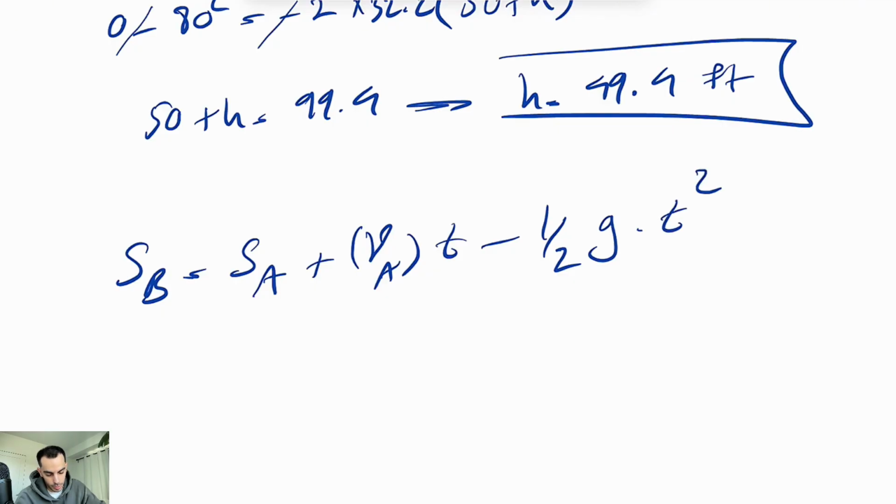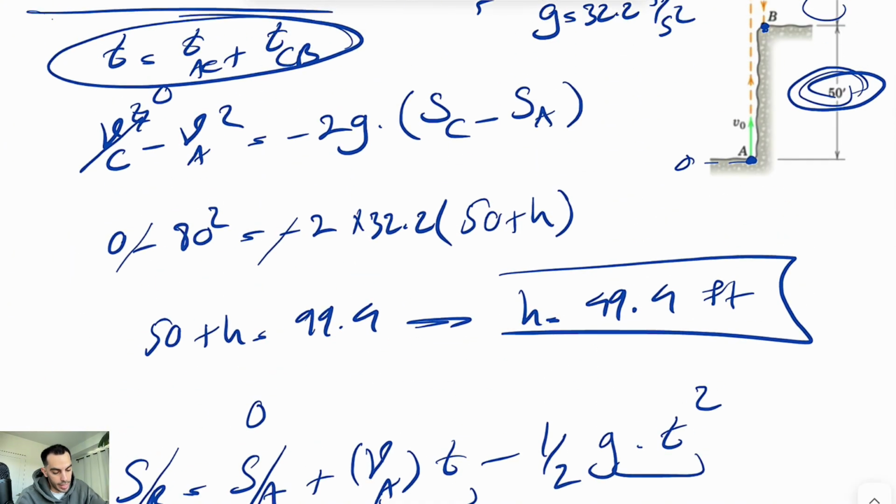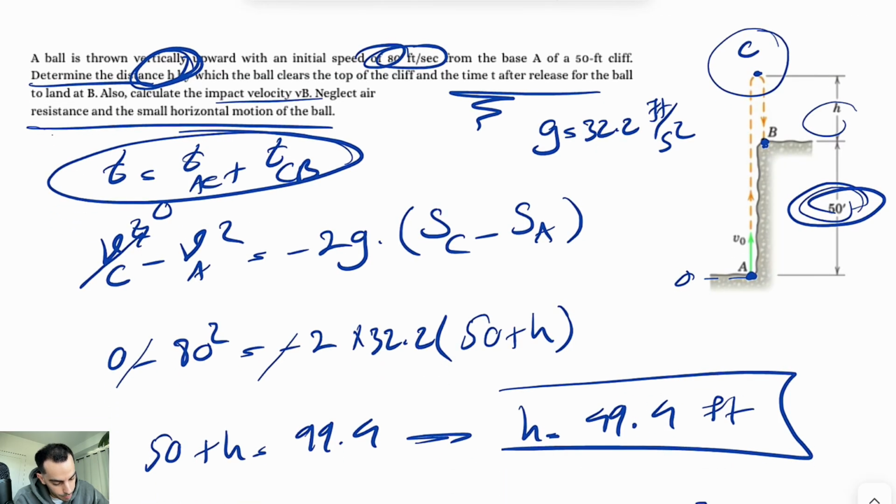We're going to call our SB 50, and this will be 0. The T that we get in here is the time it takes to reach the 50 feet height. We have 2 time points at which we pass this height. Going up, it gets to this height first, then it goes up and comes back, and that's our second time point.